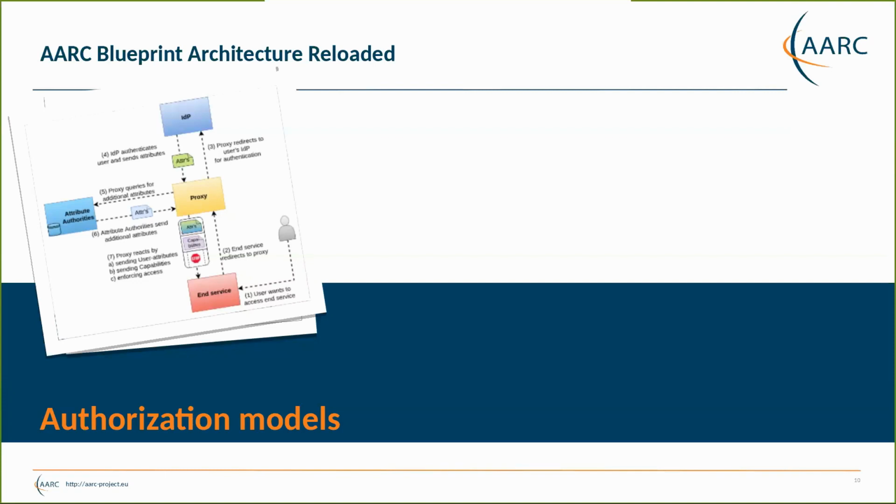Yes, thank you, Nicolas. Now, compared to the first iteration of the BPA, basically the one that was created in the first phase of the AARC project, like Nicolas said, one of the topics that we've looked at in much more detail is authorization, which is the green layer in all of the diagrams Nicolas just showed.